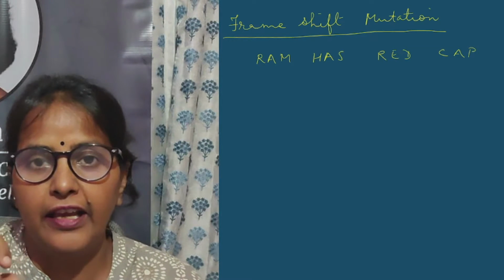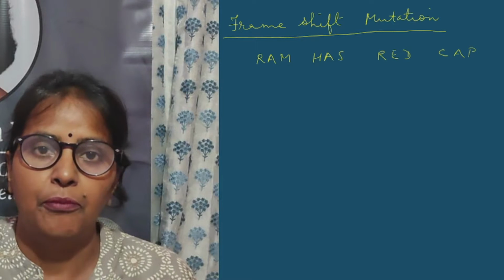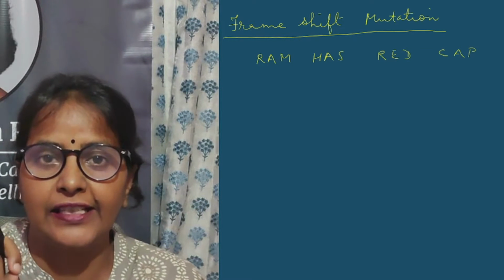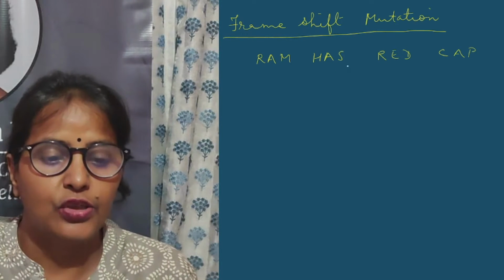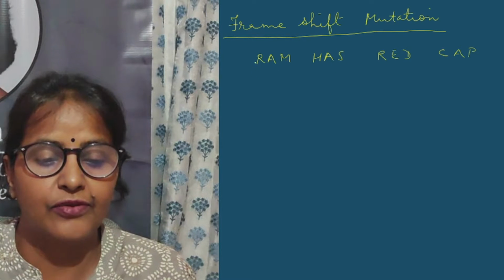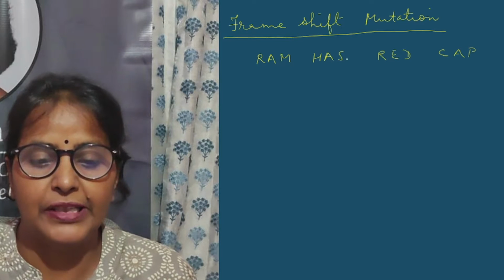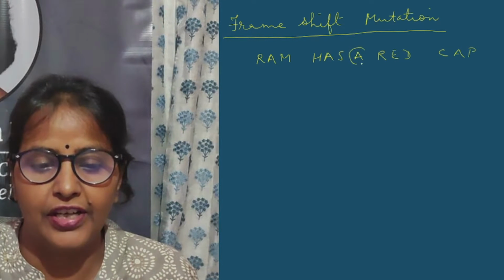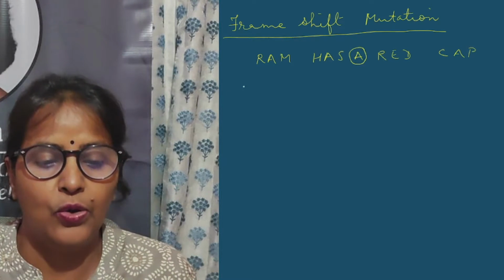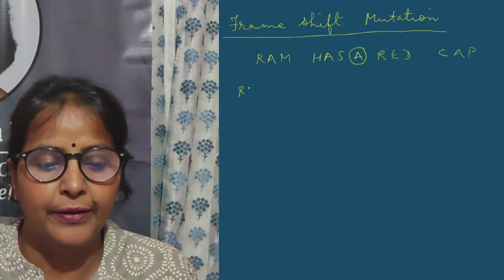Why are we taking this kind of sentence? Because each amino acid has three bases and that codes for a single amino acid. So we are considering that this is code for one. So let us see what happens. I am taking an example of addition. If we add A over here, what will happen?